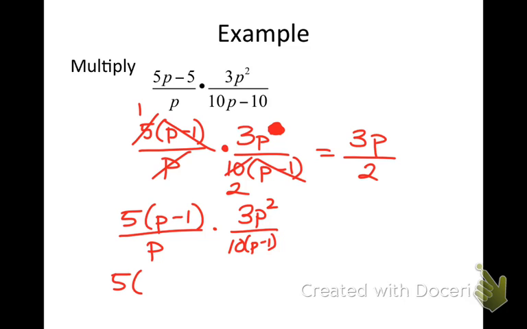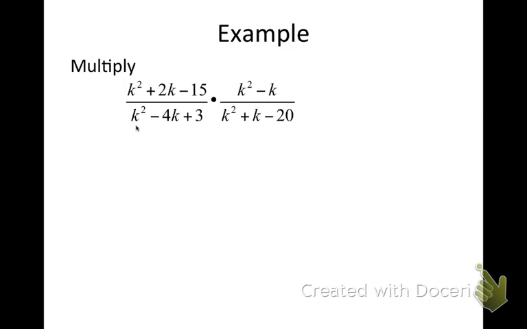So then just make it look like 5 times p minus 1 all over 10 times p minus 1, and then 3p squared all over p. So it might make it a little bit easier to see these cancel out. 5/10 goes to 1/2. My p squared divided by p would just go to 1p. So you can rearrange things to make it look a little less chaotic, but you can just start canceling everything out. All right, let's try this one.